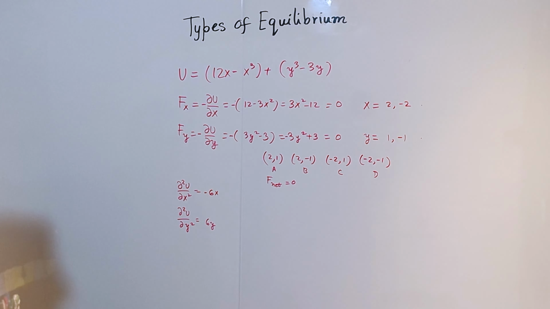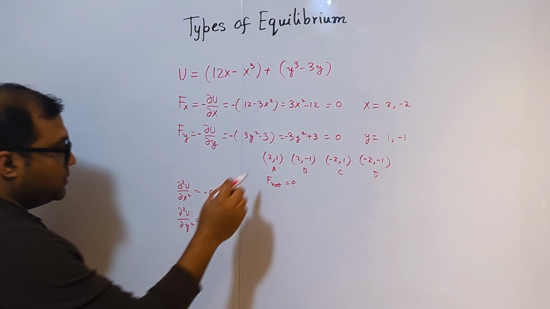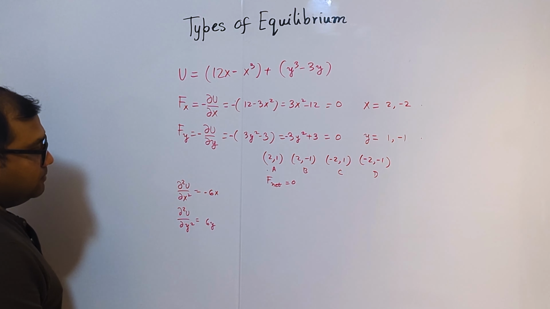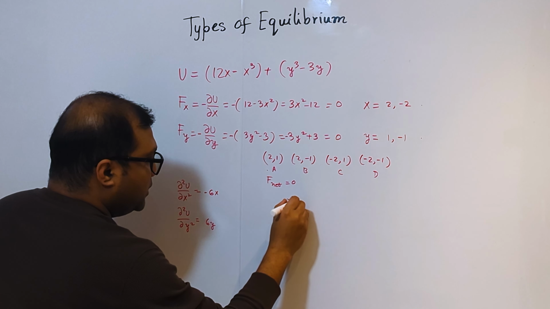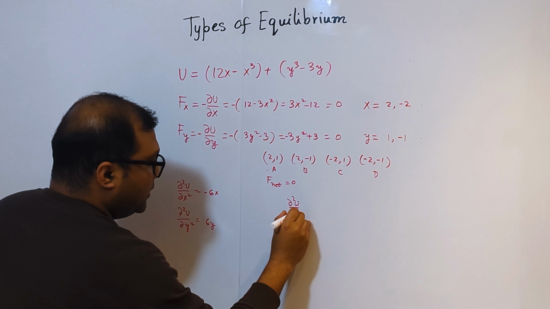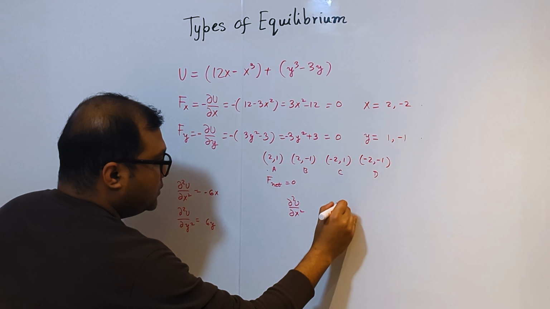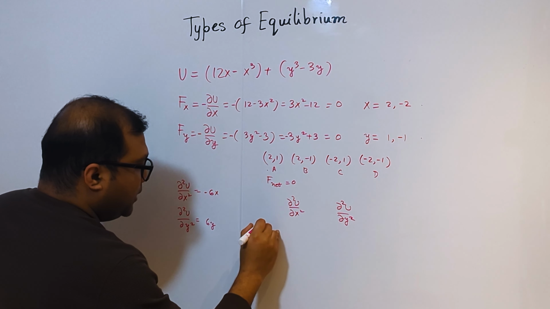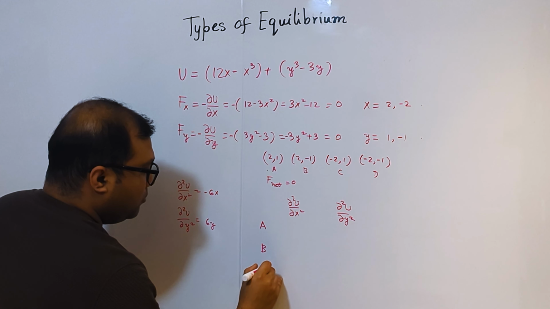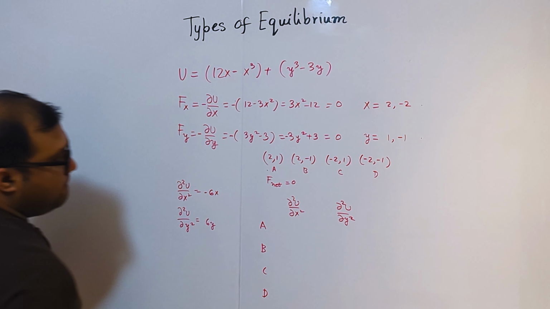Okay. Now let's substitute each point here. Let's find del square u/del x square and del square u/del y square at point A, point B, point C, and point D.